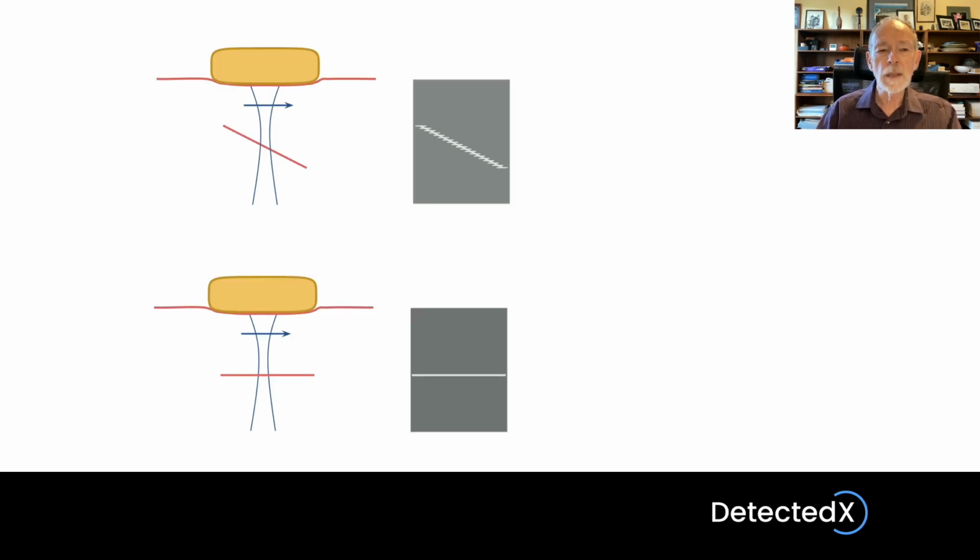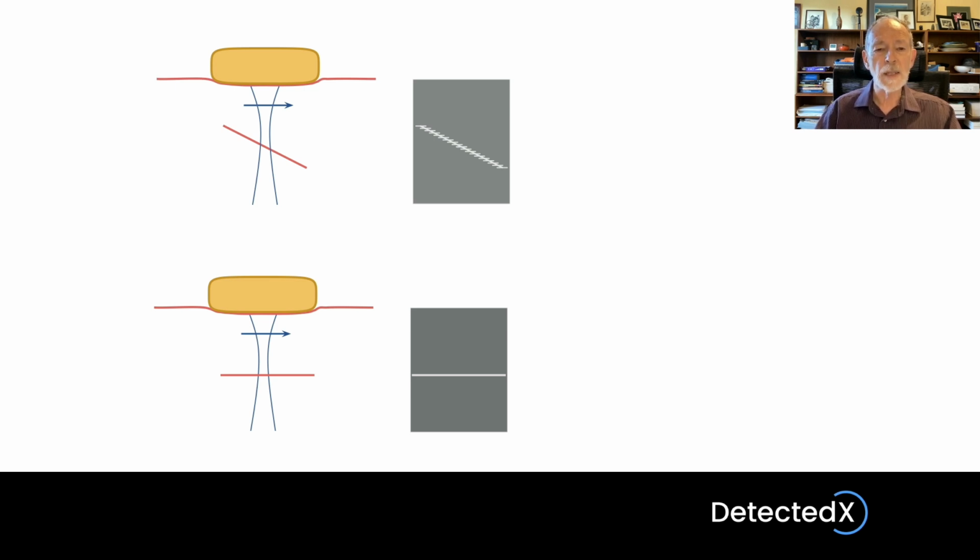In the top here, I've got a diagram indicating a sloping interface, an interface at some arbitrary angle relative to the beam. If you imagine each point being smeared out laterally by an amount equal to the beam width, you can see that it's going to appear thicker and it will be fuzzy in the image. In the bottom, we have the special case where the beam is perpendicular to the tissue interface, so perpendicular incidence.